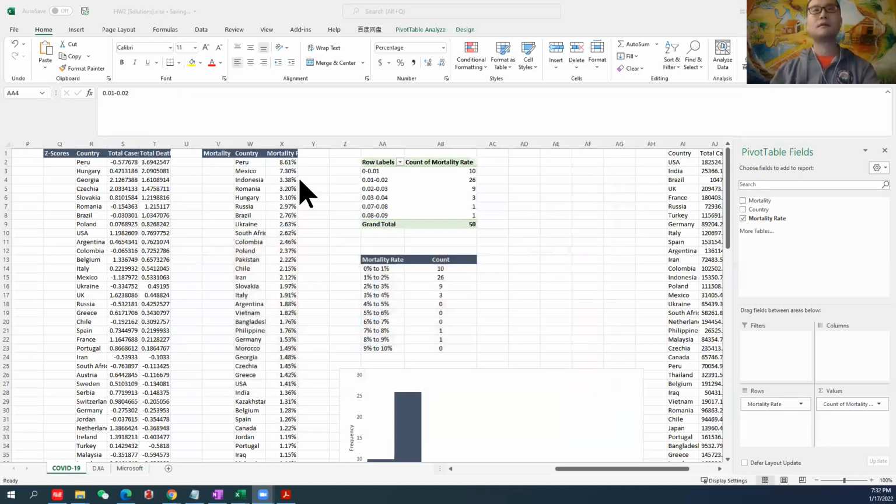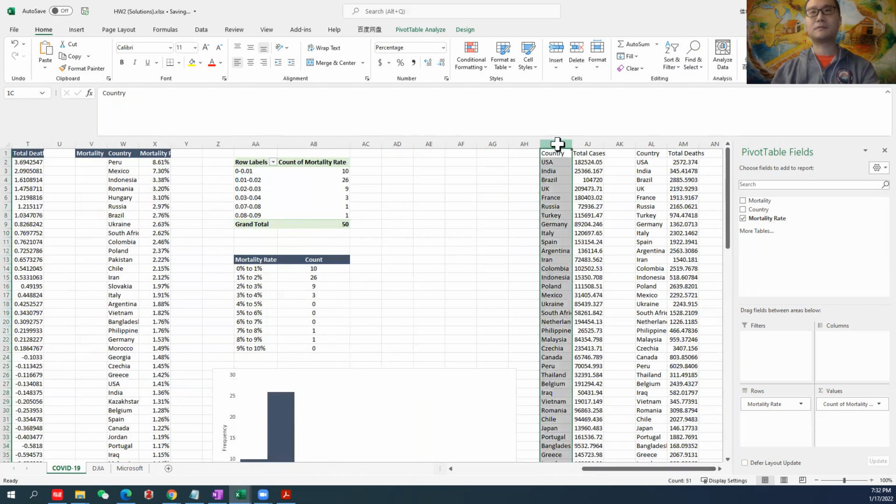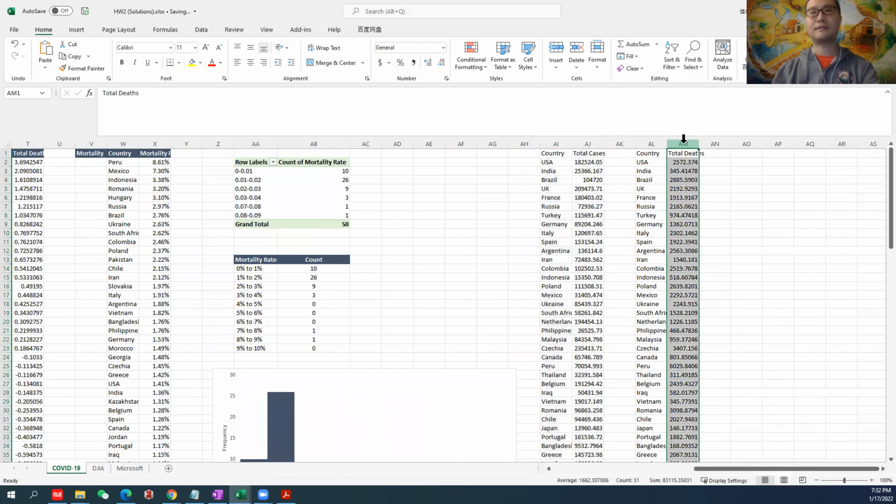And let me, okay, here we go. Are you seeing my shared screen? Yes, I can see your screen. Wonderful. So I'm on the COVID-19 worksheet, and what you have already by default is these columns: a column of country, total cases and total deaths.